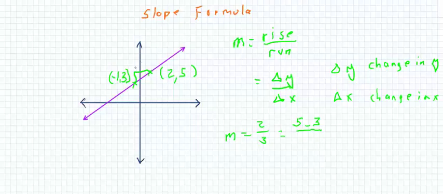It's the change in the y. And now the x-coordinate, 2 minus -1 gives me 2 plus a positive 1, which gives me 3. So the slope is the change in the coordinates, which gives us our formula.